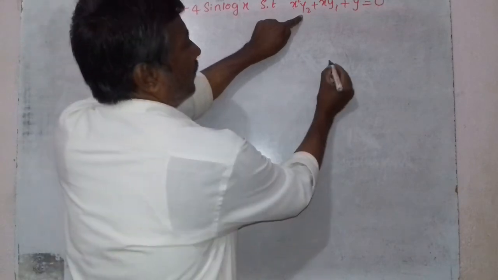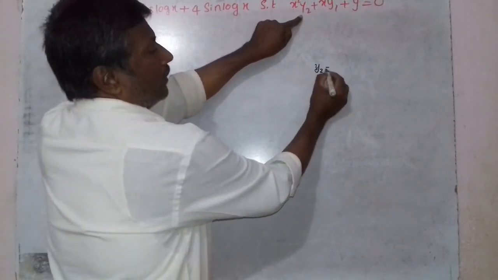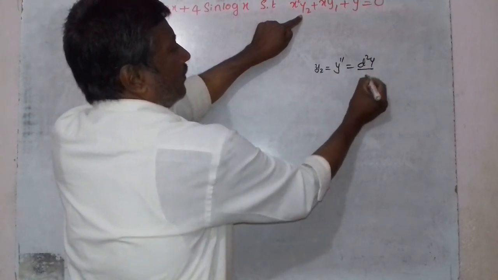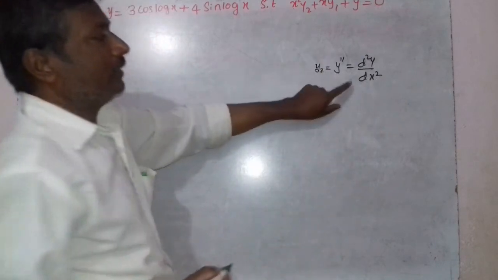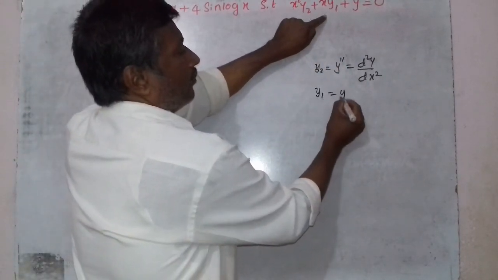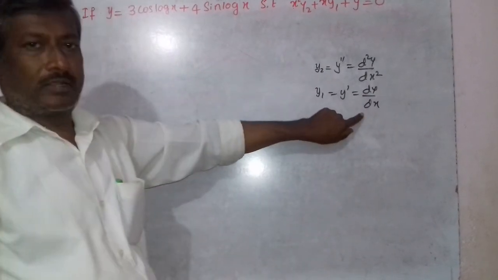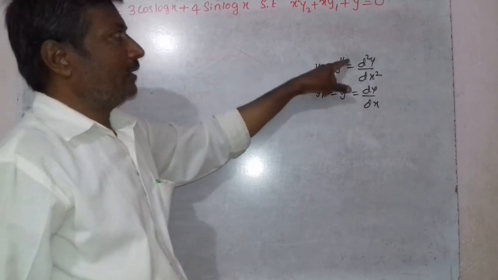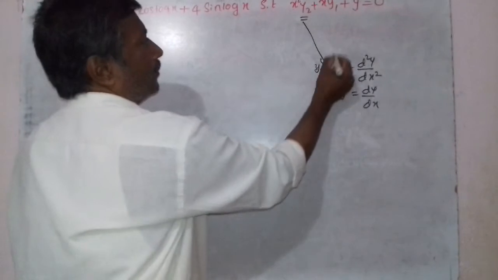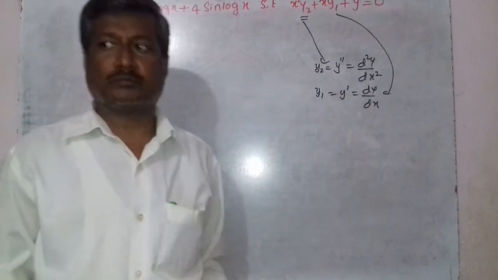As I told in the previous class, y2 equal to y double dash equal to d square y by dx square, means second derivative. Similarly, y1 equal to y dash equal to dy by dx, first derivative.